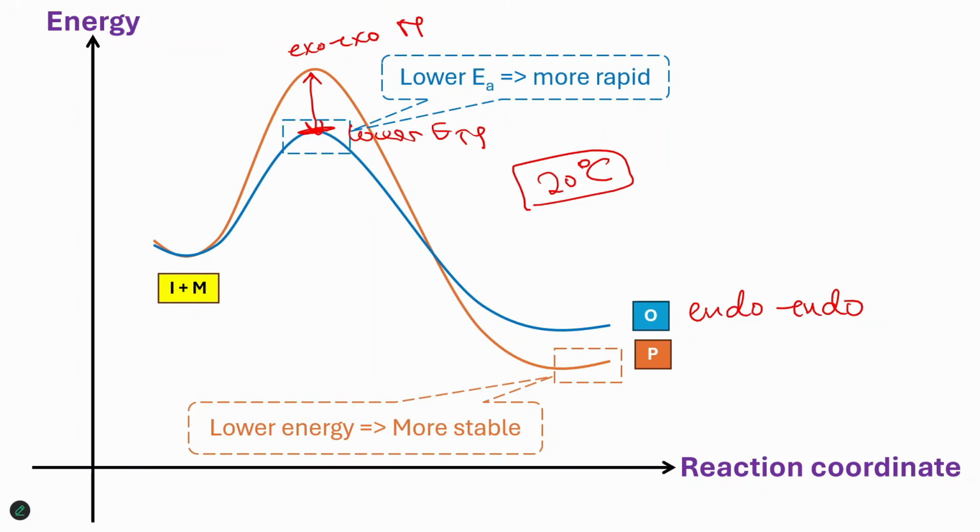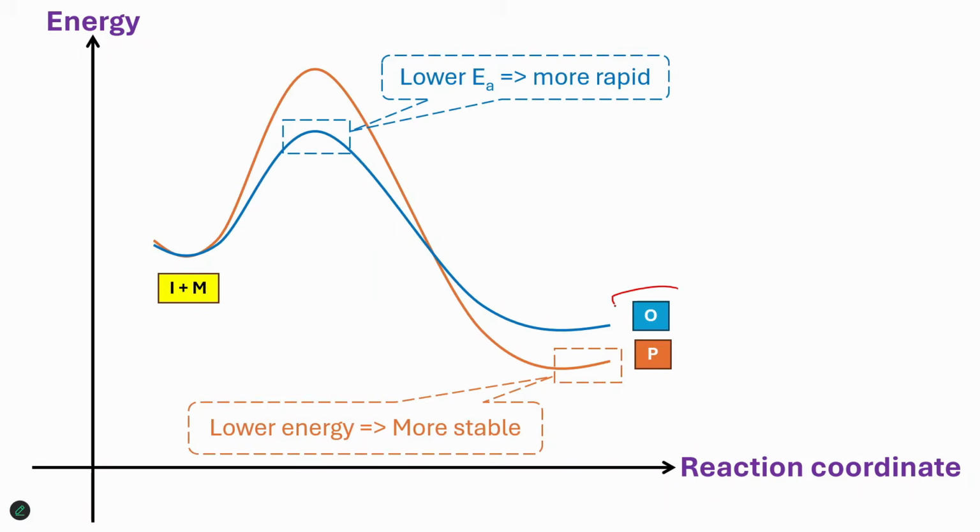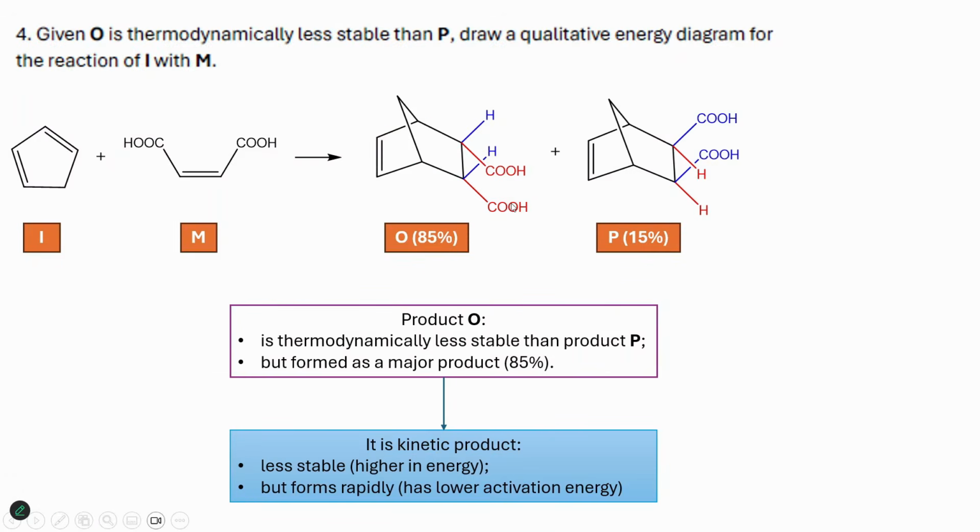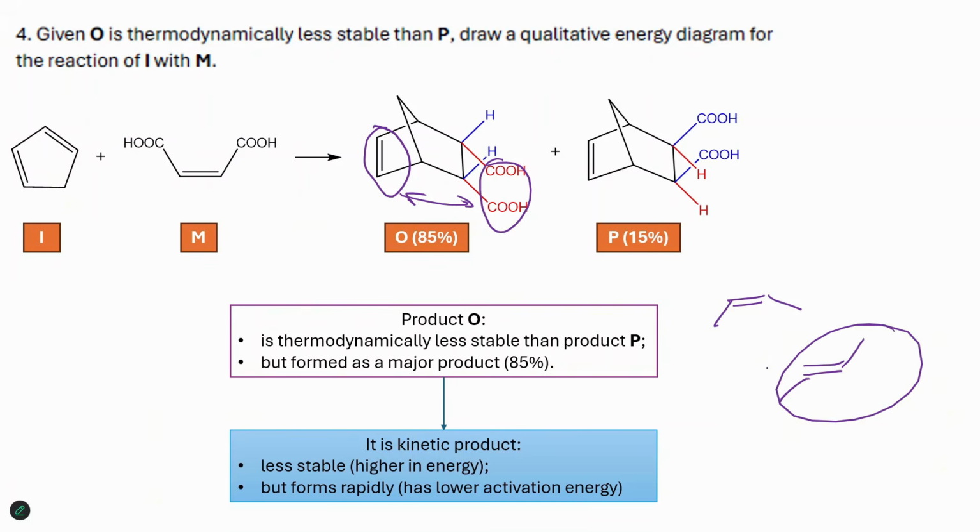And if you wonder why, even though the transition state for the endo product is lower in energy, at the end of the day we have the O product less stable? The reason is, if you see the structure for O, you will see that the COOH groups are cis to this large bridge. So there's a steric interaction here. This is similar reasoning to why, if you compare cis alkenes and trans alkenes, trans alkenes are always more stable. Why is that? Because in a cis alkene, your groups are on the same side, so there is some steric interaction.